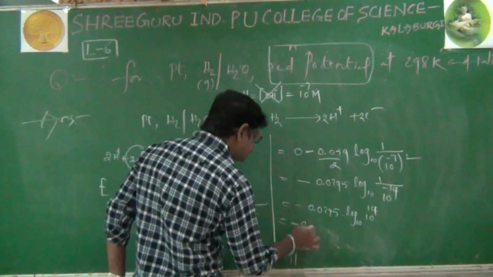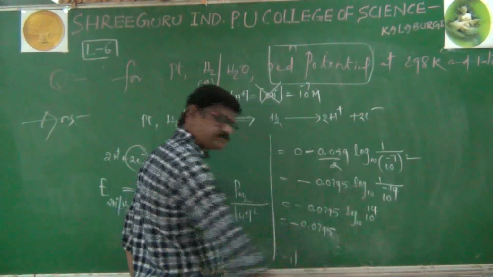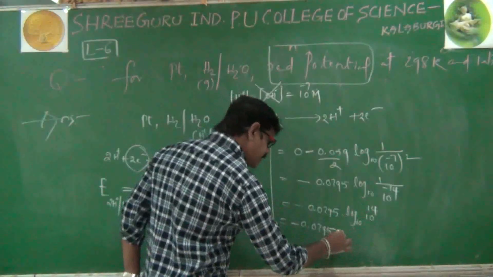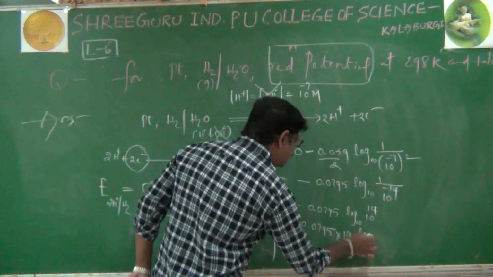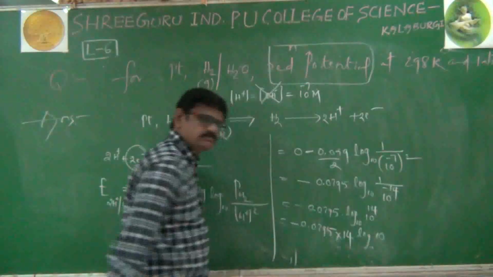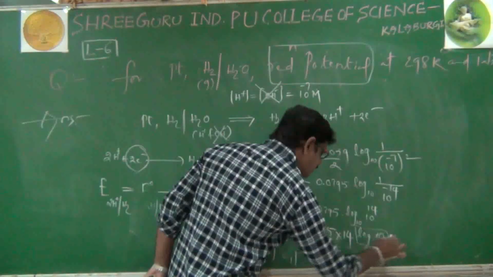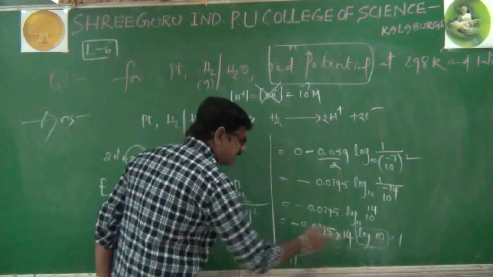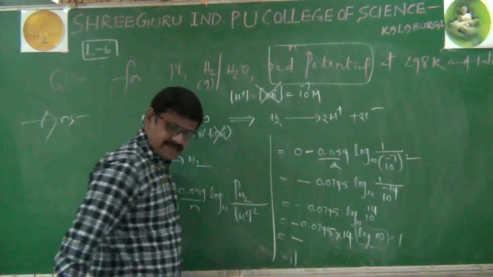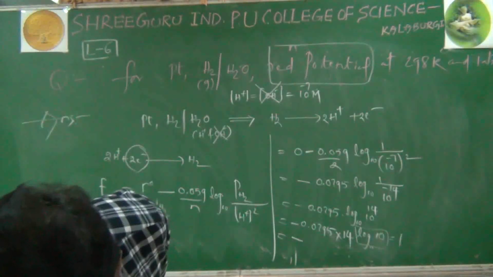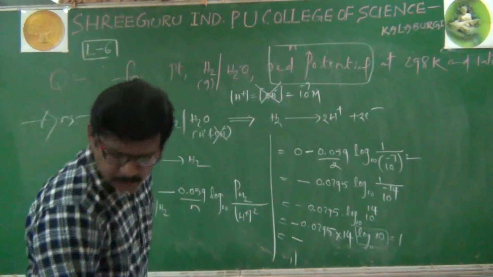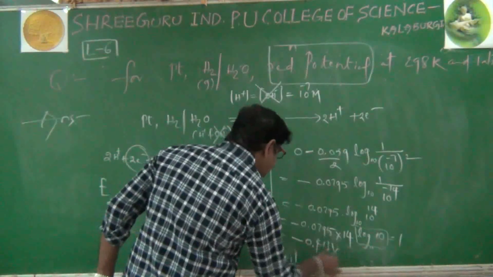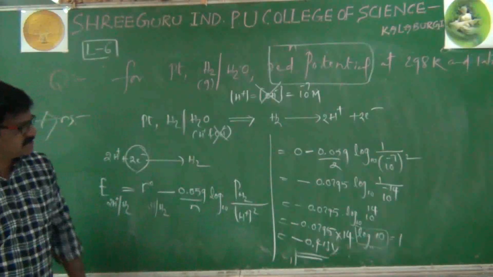That is equal to minus 0.0295 log m to the power of n. The formula for log m to the power of n is n log m, and here log 10 base 10 is already known to be 1. Therefore 14 multiplied by this value, you will get the answer with a negative sign, and its value is minus 0.413 volts. That's it.